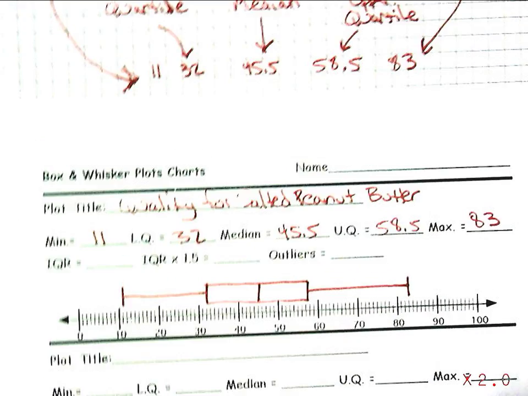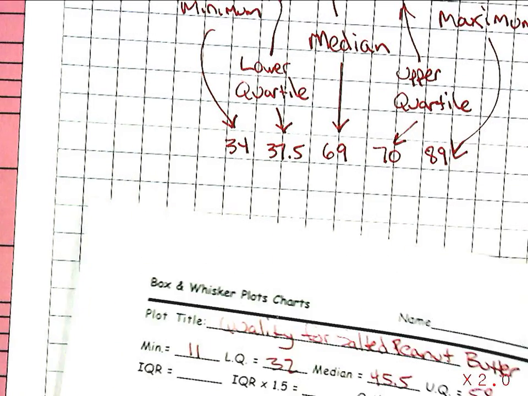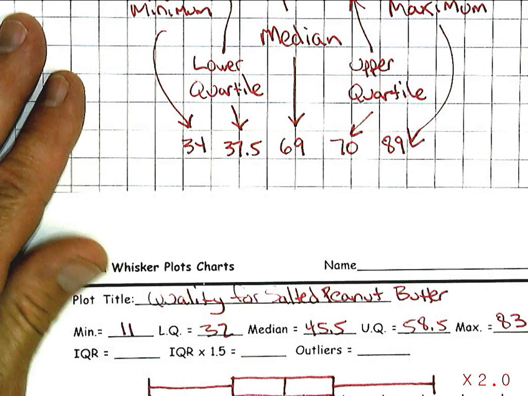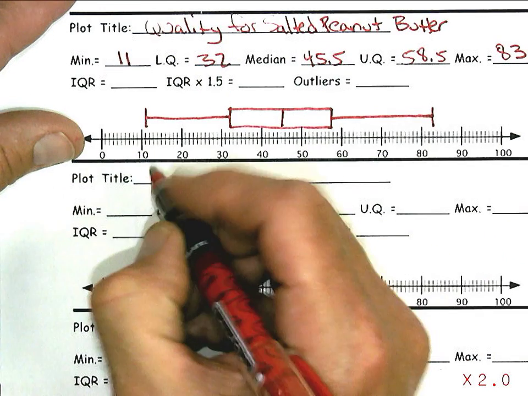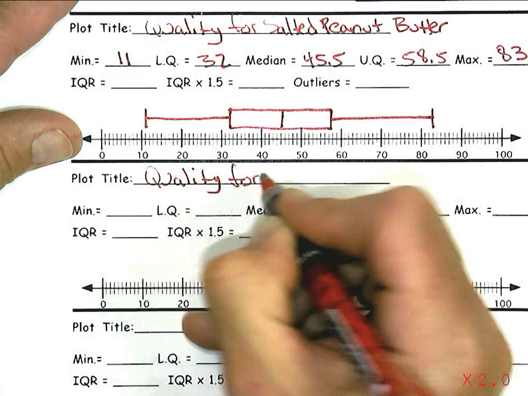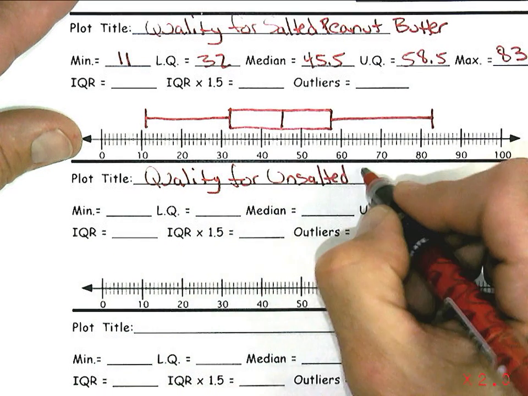And now if I use the data that I have for unsalted to make another one, I'm going to move this up here. And so this is my quality for unsalted peanut butter.